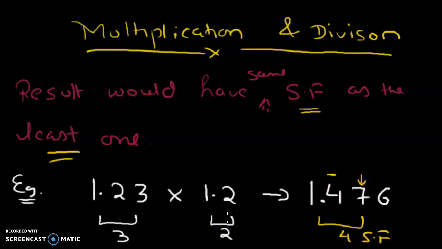I told you whether this is greater than 5 or less than 5. Greater than 5, so you just need to increase the number preceding it by 1, that is 1.5 is the answer. Okay, if it is less than 5, then just keep 1.4. If it is more than 5, then increase by 1. Actually it's more than half, so that's why.